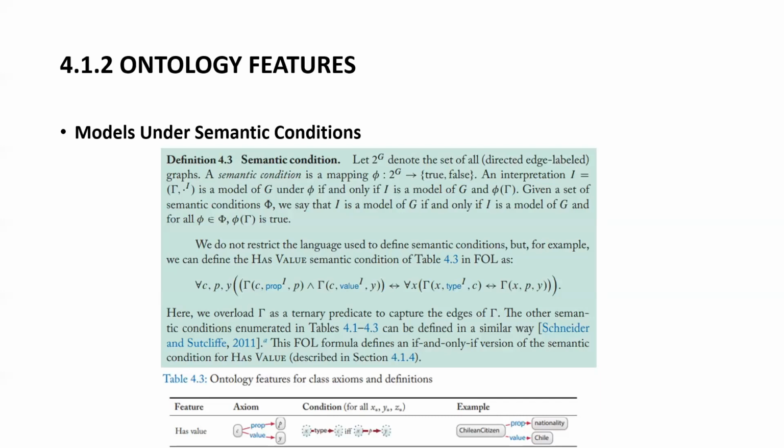The previous condition is the logical product of the domain graph composed of C, I, property P and the domain graph composed of C, I, value Y, and the logical product returns false if both propositions are not true. The latter conditions are domain graphs composed of X, I, type C for all X, and IFF between domain graph composed of X P Y. Other semantic conditions listed previously can be defined in a similar manner.